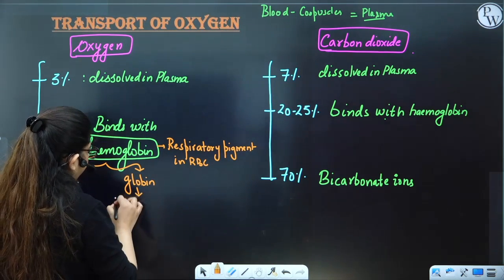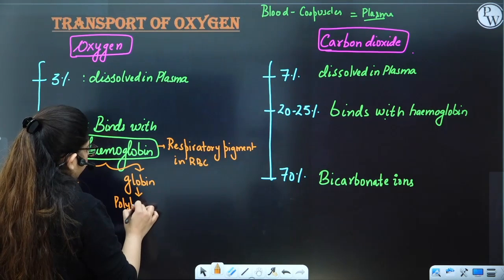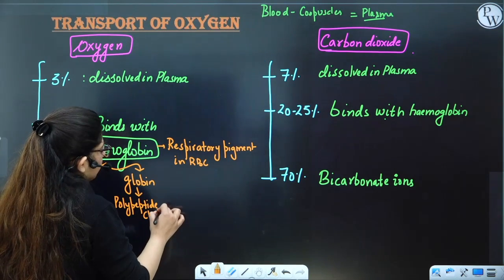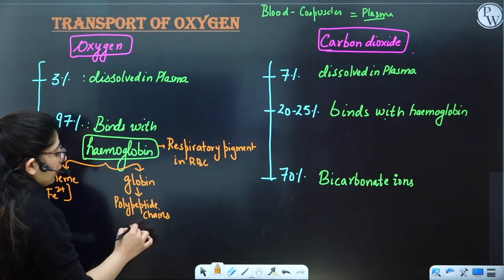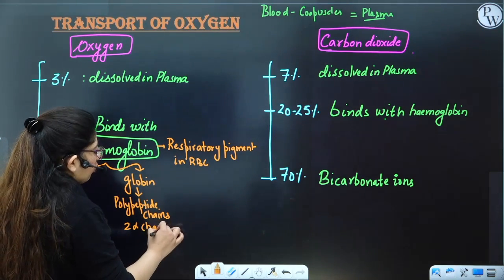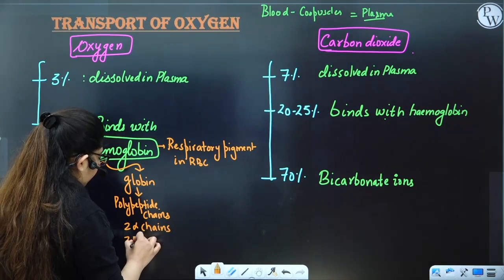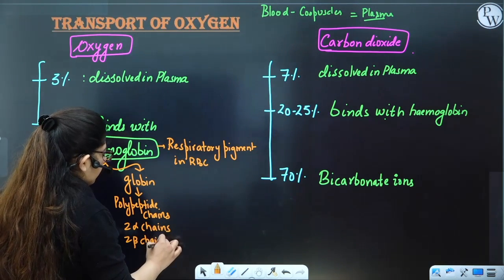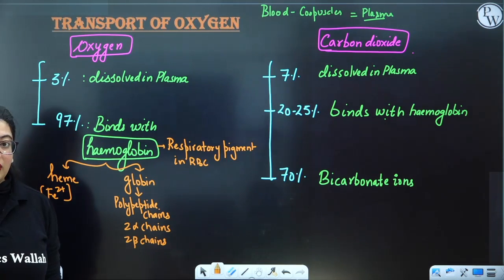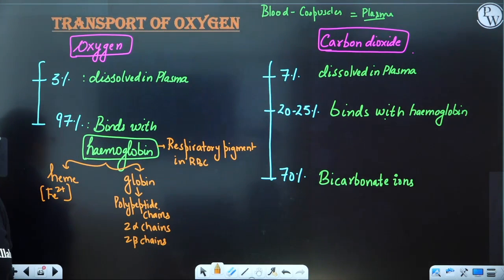It is formed of polypeptide chains. Polypeptide is the chain of amino acid, as we have discussed in the biomolecules. There are around 2 alpha chains and 2 beta chains. So this is the structure of your hemoglobin. Okay, we have also discussed that in your biomolecules part.